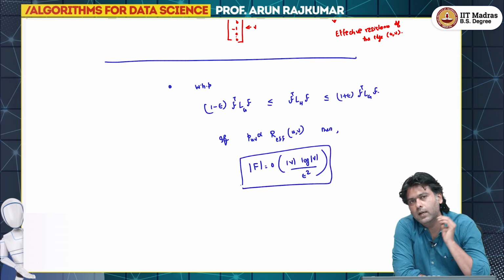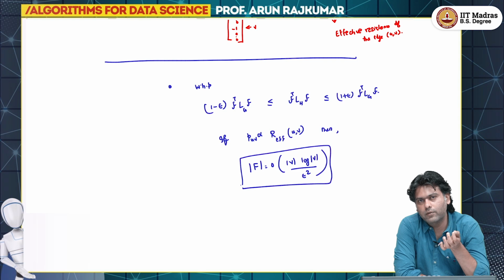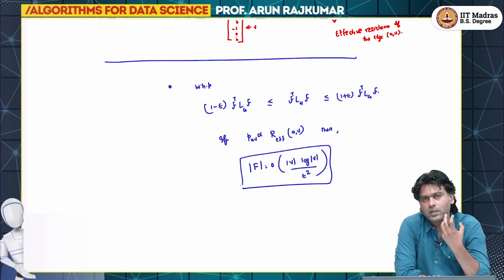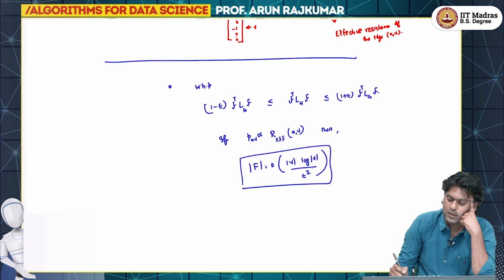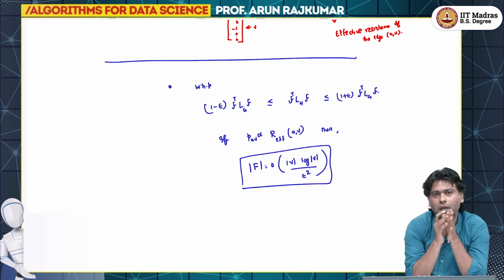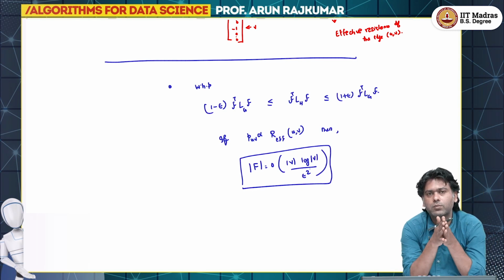What we are saying is that the original graph could have been a very dense graph, with order of n squared edges if you have n nodes, but this is just going to have something like n log n edges, which is much smaller. Of course, there is going to be a dependence on epsilon.